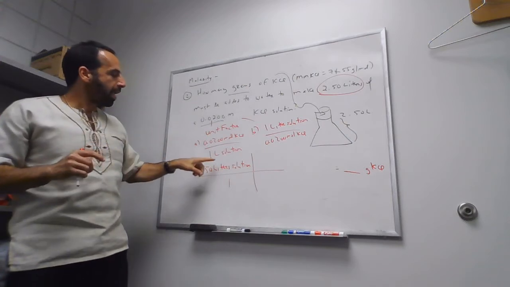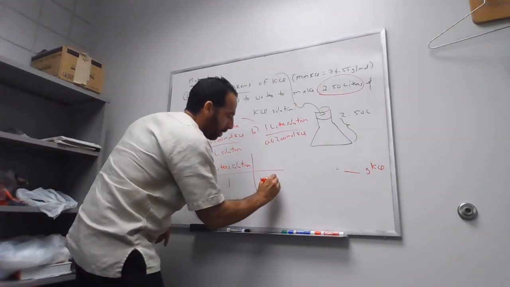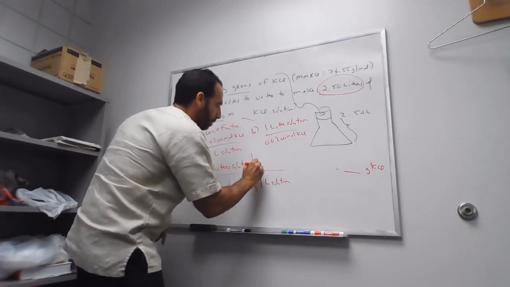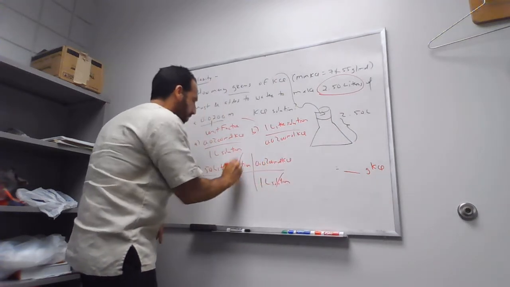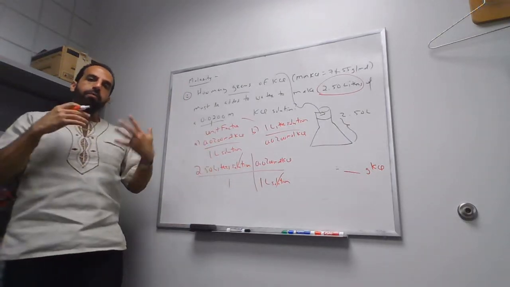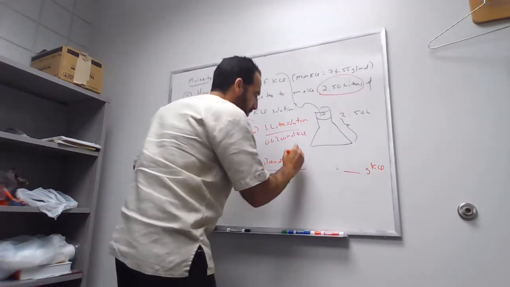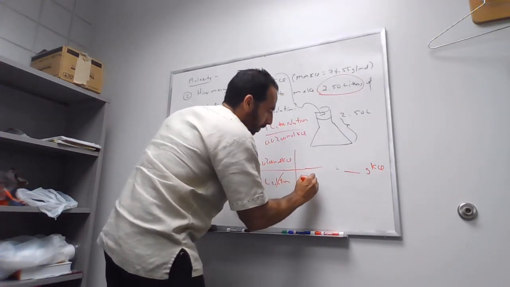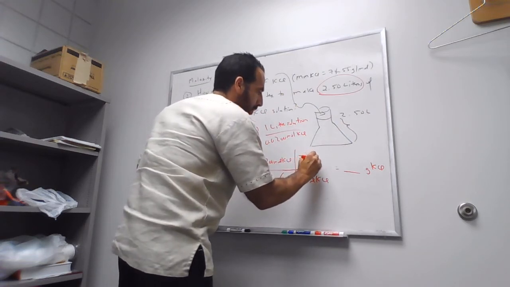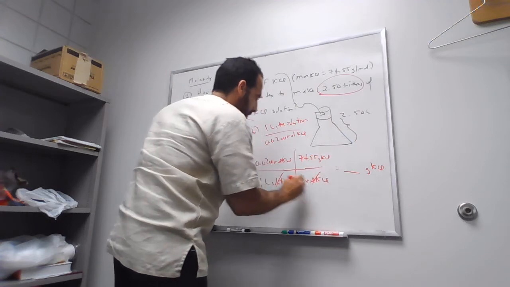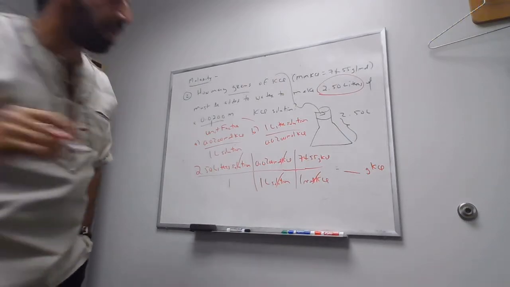So that's how much KCl I need to add, diluted down to 2.5 liters to get the concentration. So a couple of things. Well, I can go from liters to moles. So 1 liter of solution, so bam, bam. I use the unit factor. I can go from liters to moles, and then I can go from moles to grams like we always do, using the molar mass. If I do that, I'm going to end up with 3.73 grams of KCl.